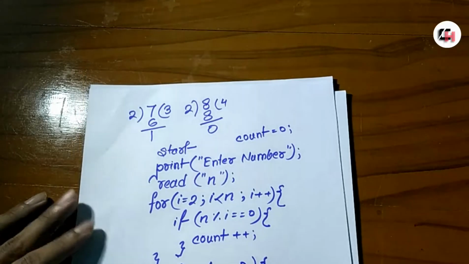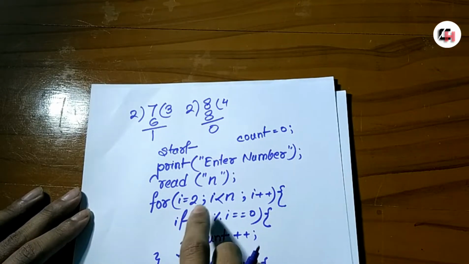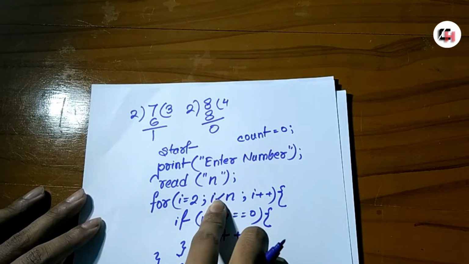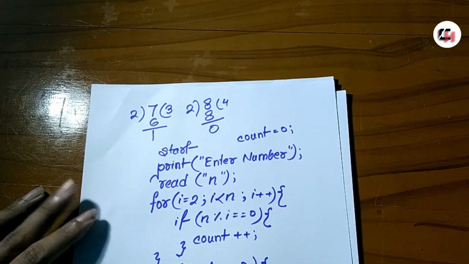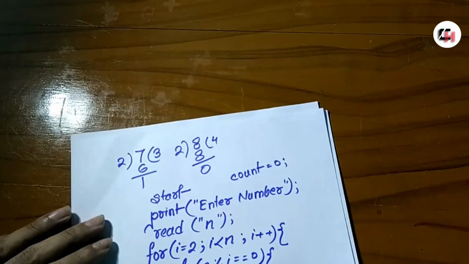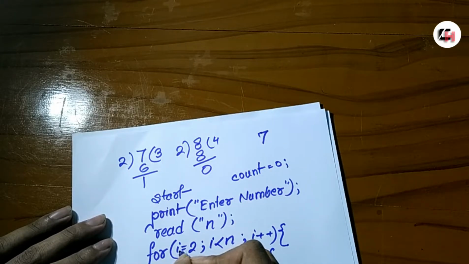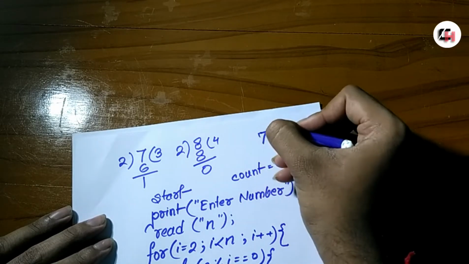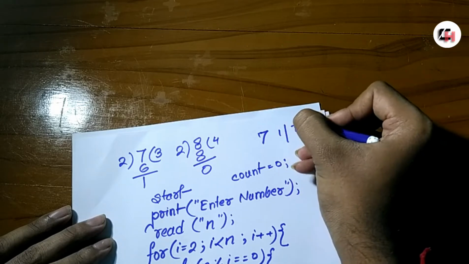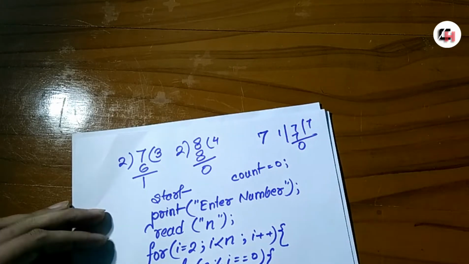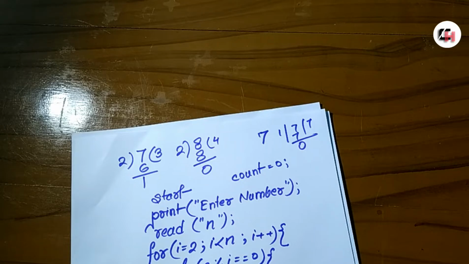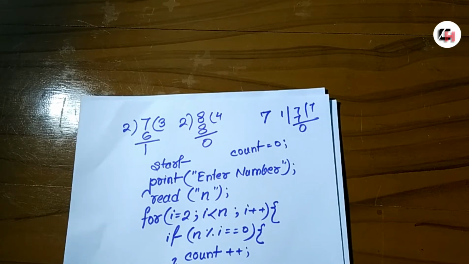So let's see why we take the initial value of i as 2 and why the last value of i is n minus 1. If we take 7 and the initial value i equal to 1, then when I divide 7, the remainder will always be 0. That means for any number, if we divide by 1, the remainder will always be 0.